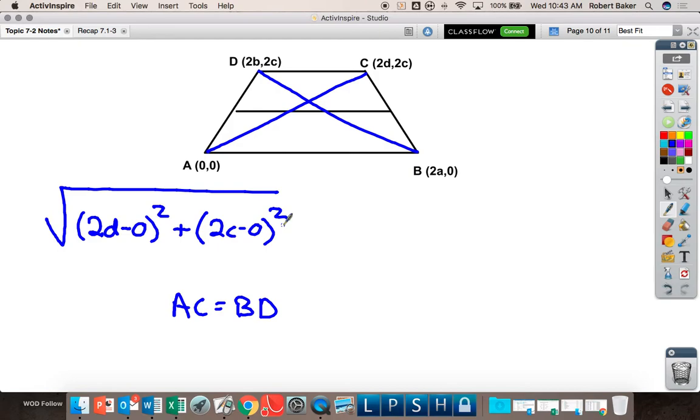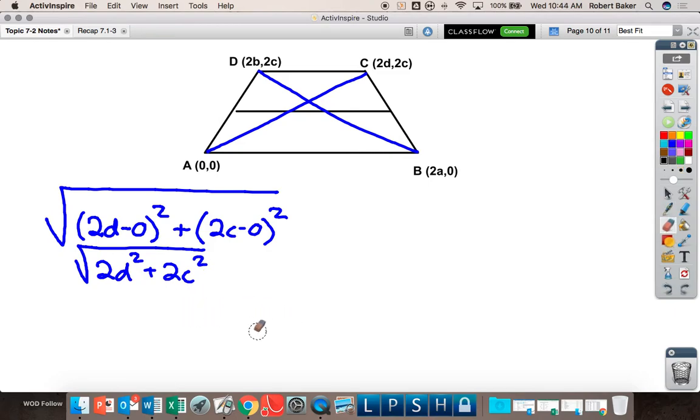We good there? So 2d's minus 0. It's 2d squared plus 2c's minus 0. Okay, hold on. Any questions about why that works or how that works?